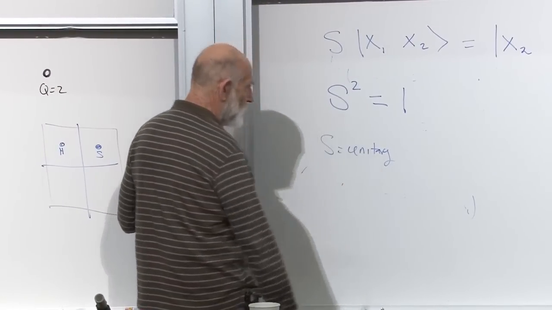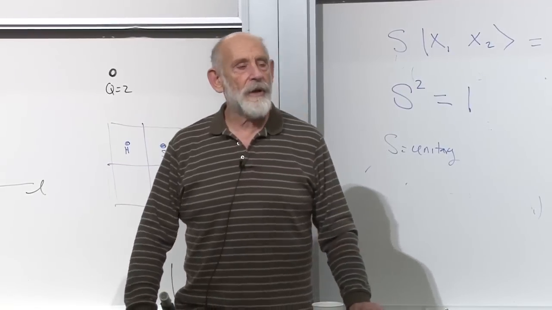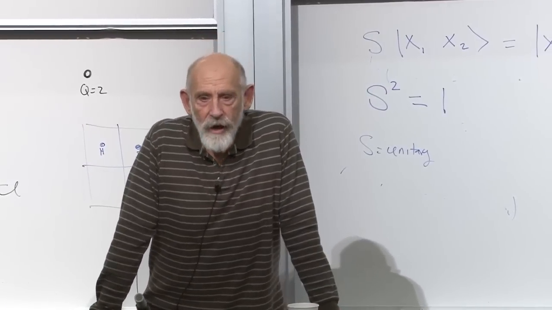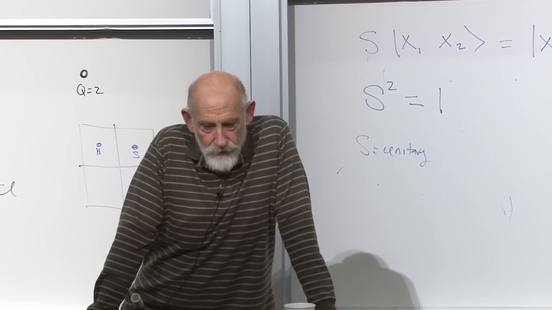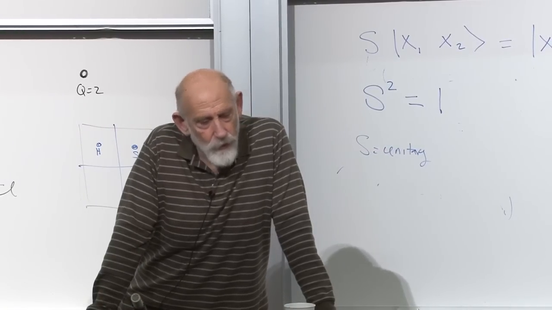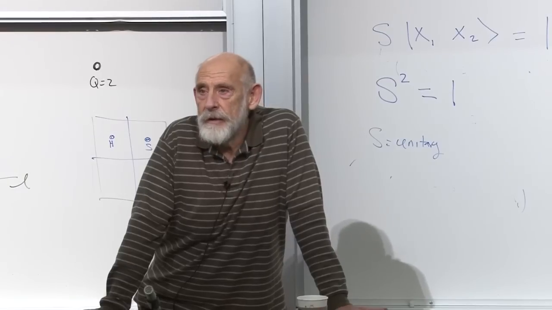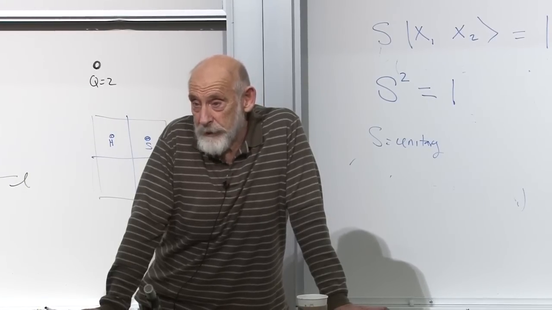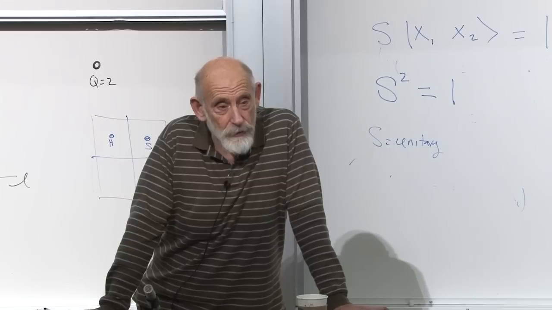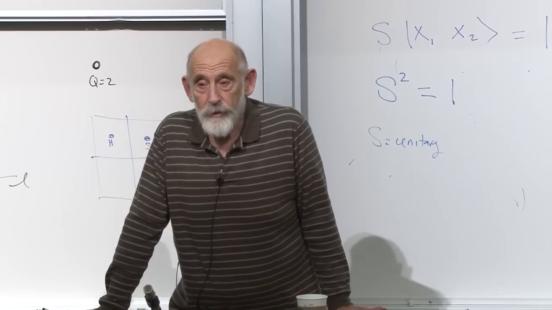And S squared is equal to 1. What are the eigenvalues of a matrix or an operator whose square is 1? Either 1 or minus 1. The only possibility. S squared is equal to 1 means that the eigenvalues are plus 1 or minus 1.